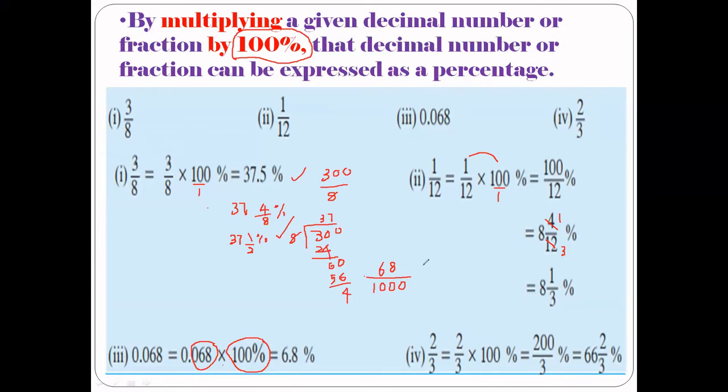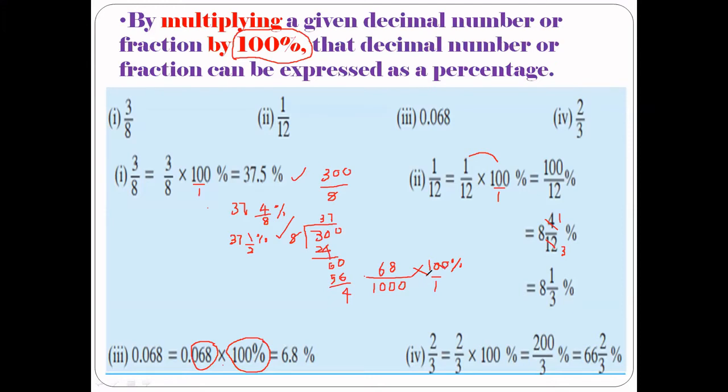68 over 1000. Now you know you can convert that into a percentage by multiplying by 100%. So multiply by 100%. Now if you want, you can put denominator 1.